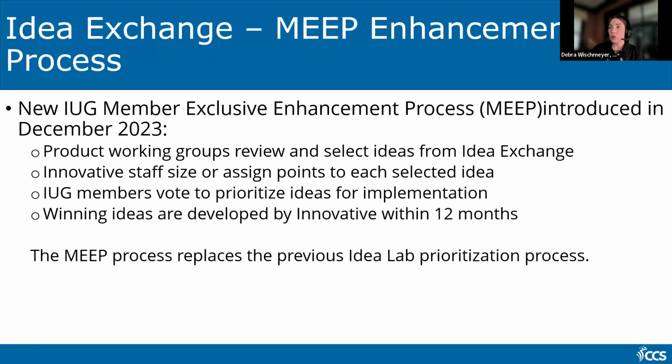IUG introduced a new enhancement process that replaces that prior prioritization process, and this new one is called MEEP, the Member Exclusive Enhancement Process. They started this new MEEP process back in December of 2023. Here's how that works, because it is different from the previous Idea Lab process.